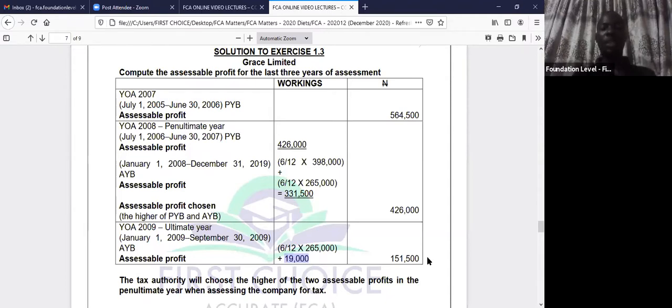And so the preceding year and actual year for the penultimate year alone will be compared. Whichever is higher, that's where we will base our assessment. The ultimate year is always taxed on actual year basis, ending on the date the business stops trading.